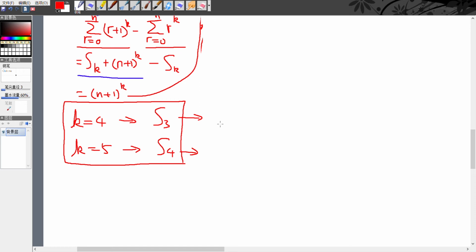So S3 is actually equal to, from the answer, 1/4 n to the 4th plus 2n cubed plus n squared, and S4 equals 1/30 times 6 n to the 5 plus 15 n to the 4 plus 10 n cubed minus n.